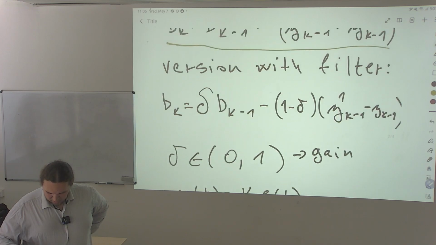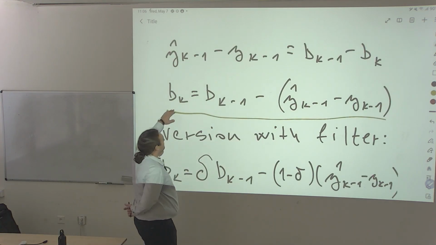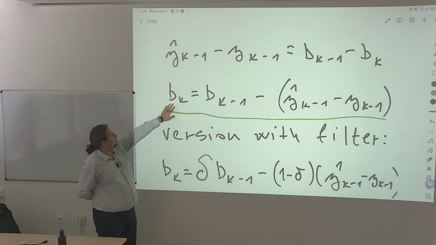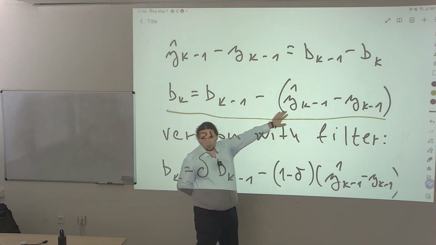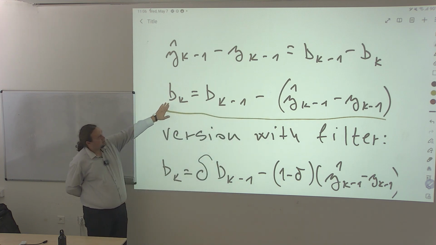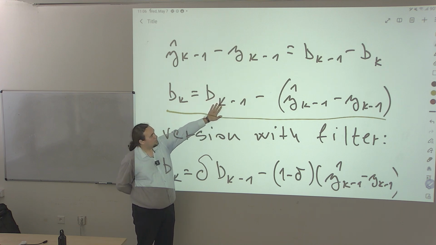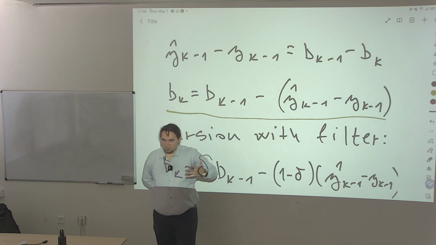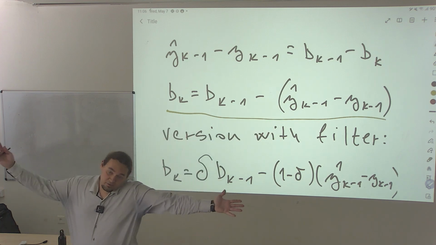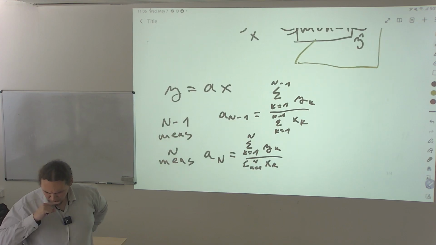It also might be the case that we would be able to discover this kind of pattern, right? Because here it was cool. We just have the last value of our parameter. We update it somehow, filtered or not, with the error, and boom, we have our new value of the parameter.